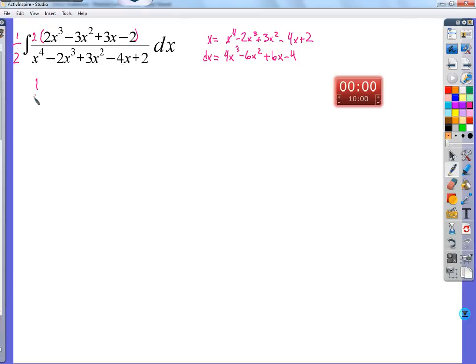Then I couldn't remember if it was the ln and then the bottom part. What else would it be? I couldn't remember if that was the rule. That's the log rule.